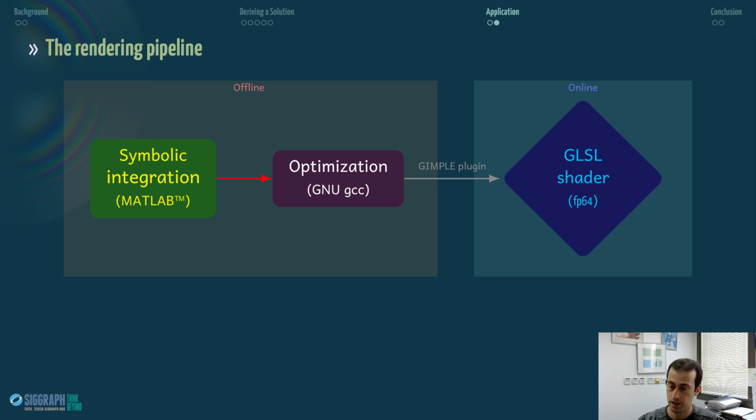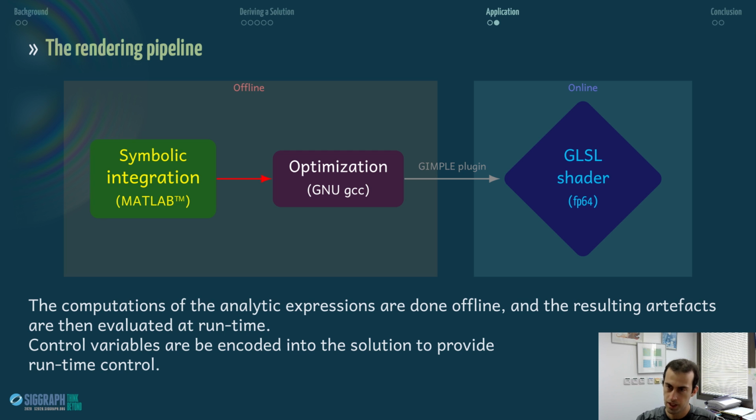Likewise, it's also very easy to fine-tune how aggressive the optimization is, as needed. Finally, also because the integration has to be symbolic, it is very easy to encode user control variables into the shader in order to, for example, adjust material parameters on the fly, etc.